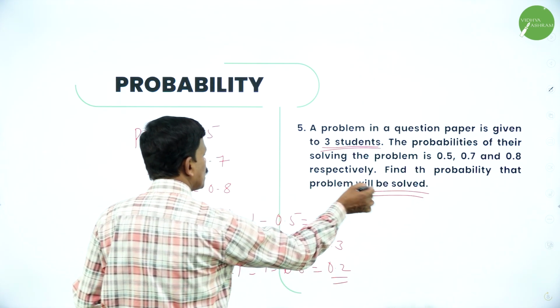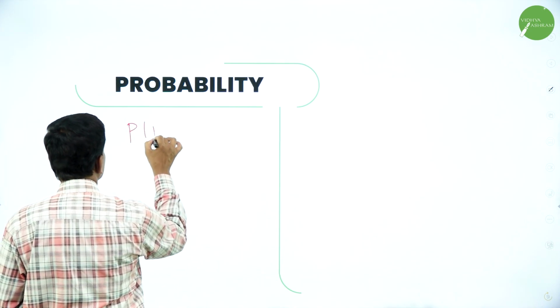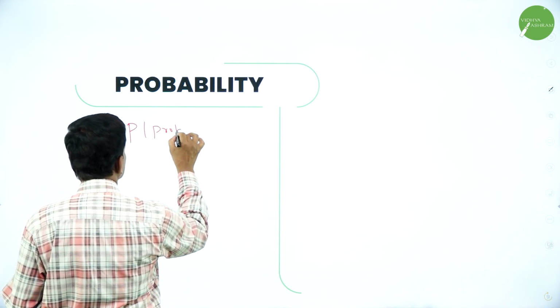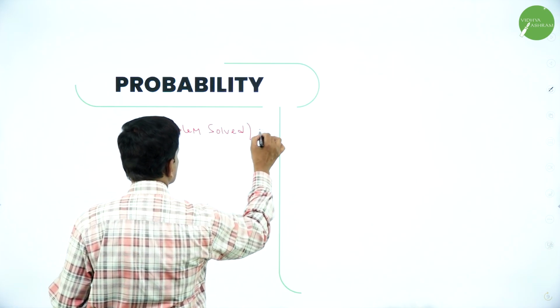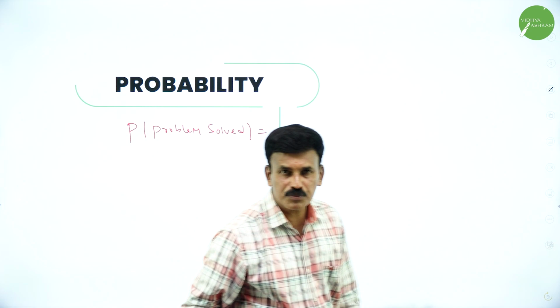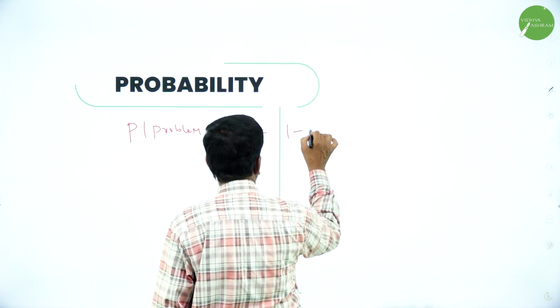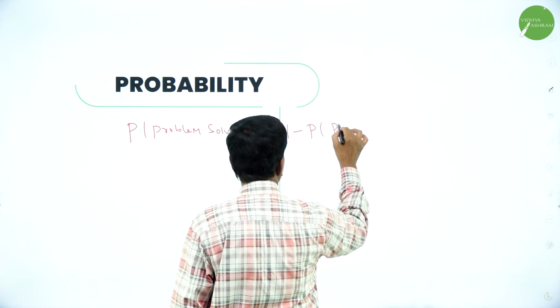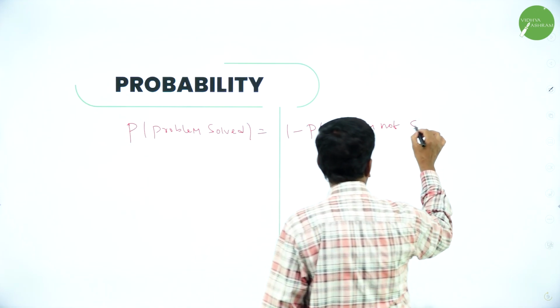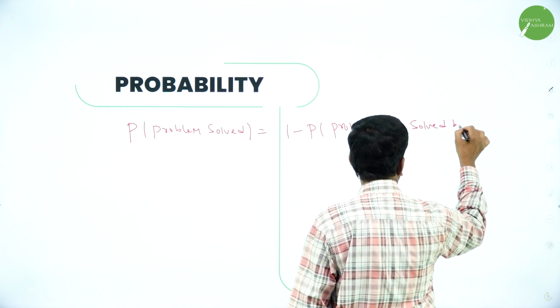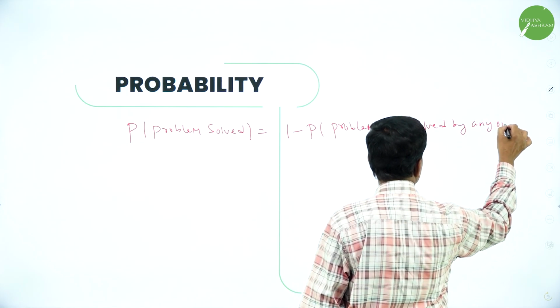Now find the probability of the problem being solved. The probability of the problem solved is equal to 1 minus the probability of the problem not solved by anyone.